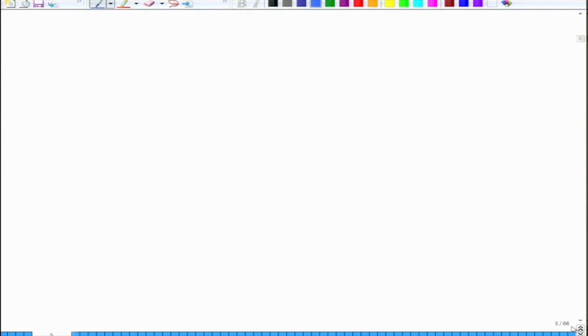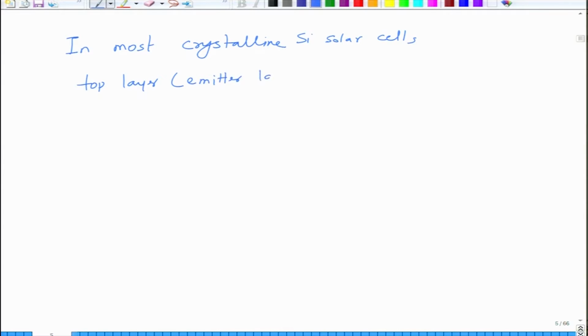Now, how is it relevant to solar cells? In most solar cells, at least crystalline silicon solar cells, the top layer, which is called the emitter layer, is more heavily doped than the bottom layer.